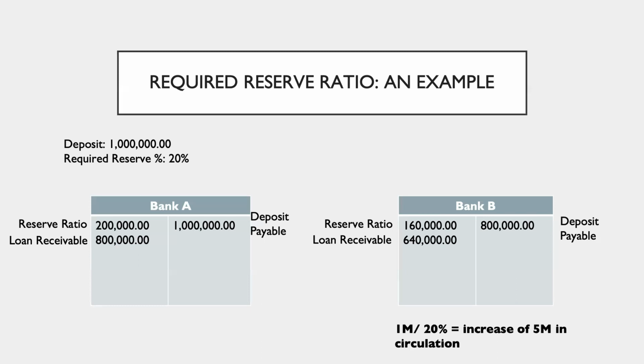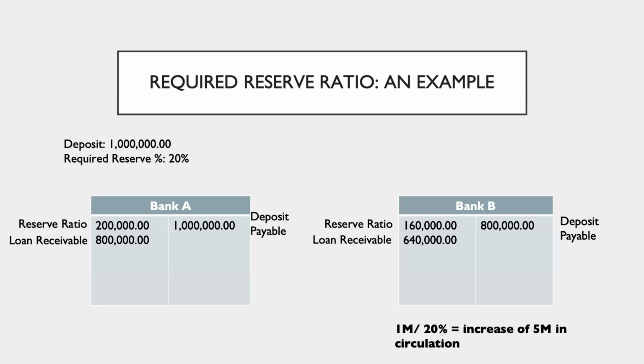This other person who loaned 800,000 from Bank A has a separate bank account with Bank B. So the money that this person got from Bank A was deposited in Bank B. Just like Bank A, Bank B has to comply with the required reserve ratio set by the Bangko Sentral.